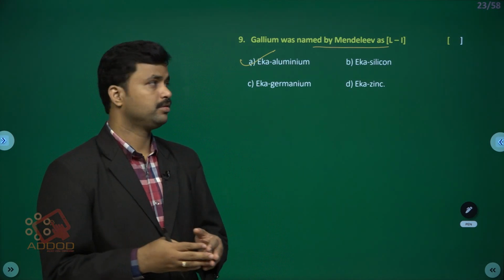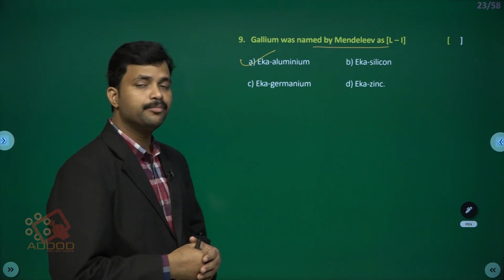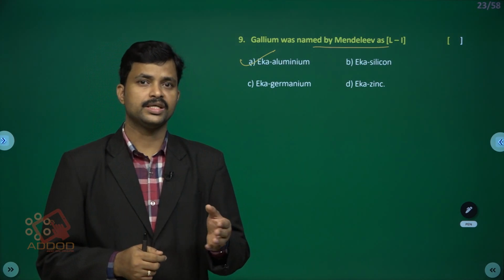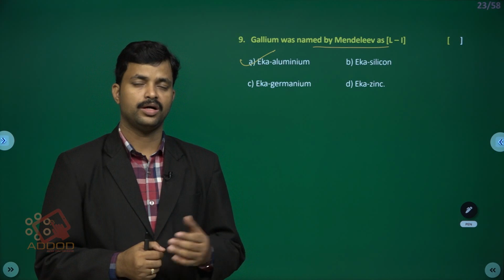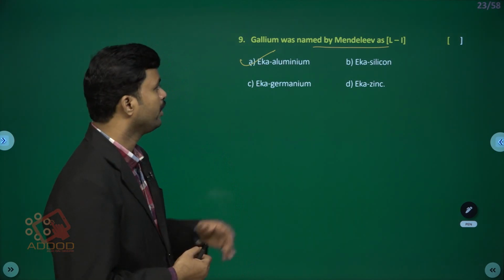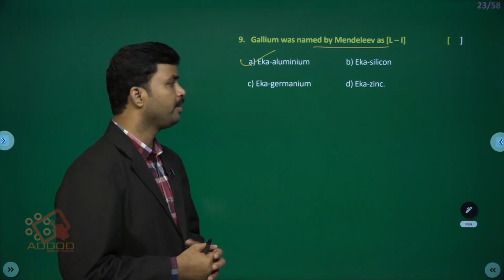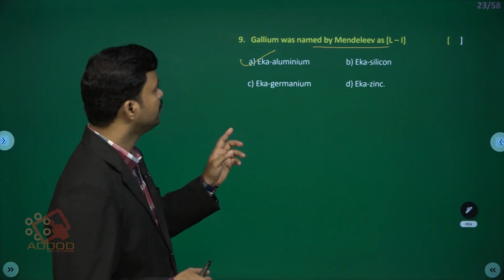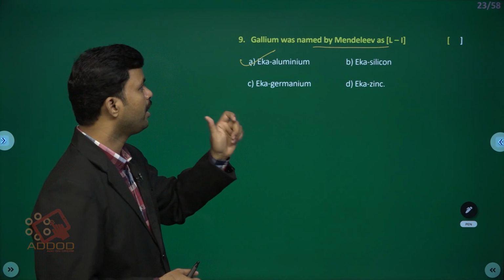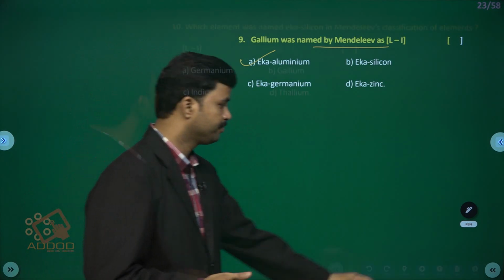He left that for gallium. He knew there is an element in nature which has to be kept in front of aluminum. So also Eka silicon and Eka germanium. So gallium was called by Mendeleev as Eka aluminum.